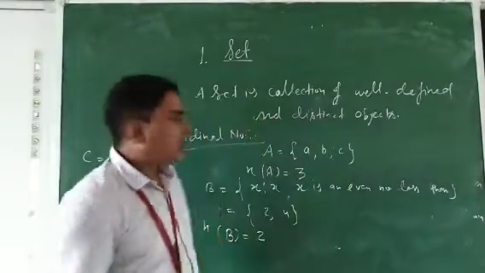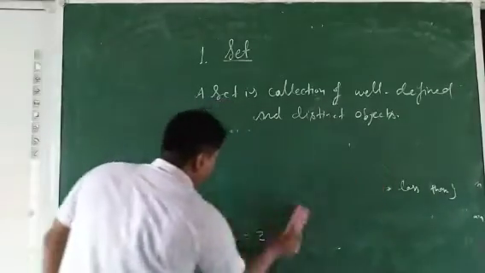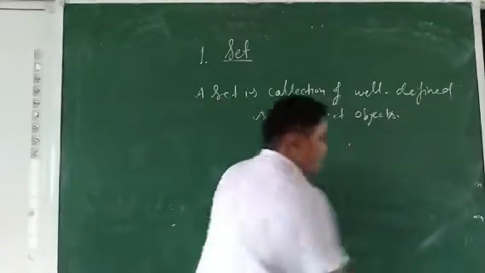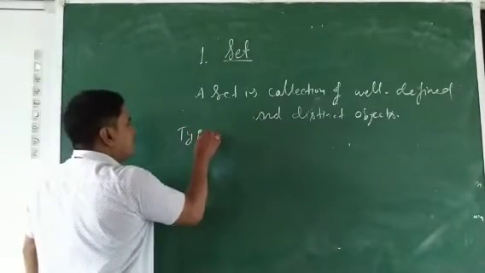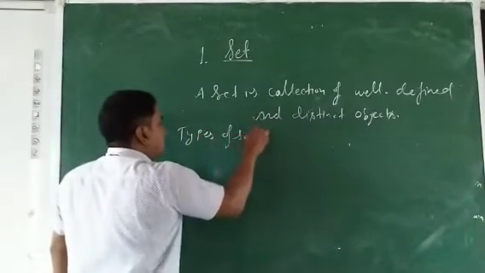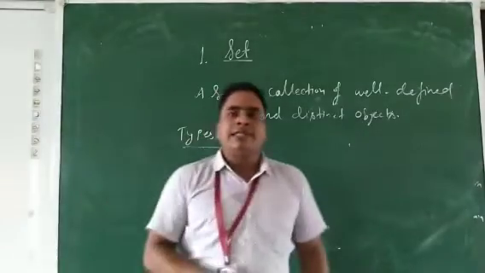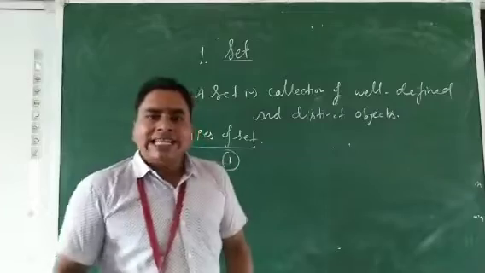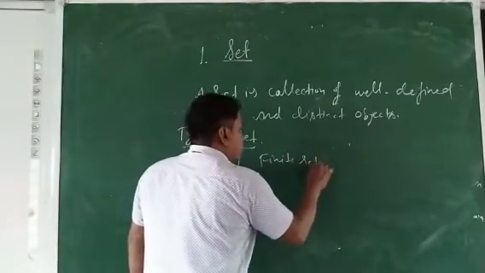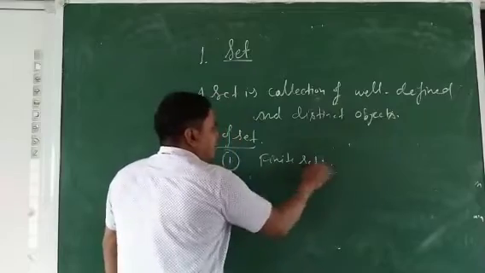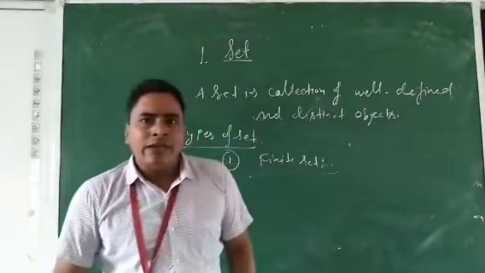Now we will discuss the types of sets. Next we proceed to the point types of sets. Under this point, first we will discuss the finite set. Finite. Already we are familiar with this word.